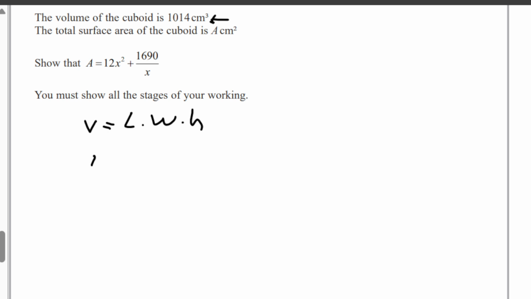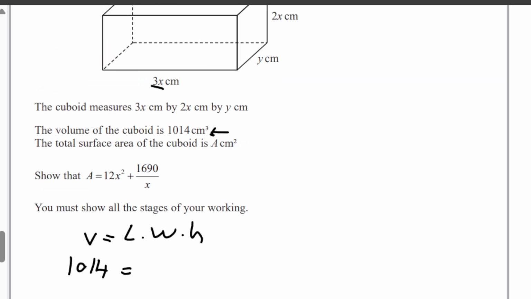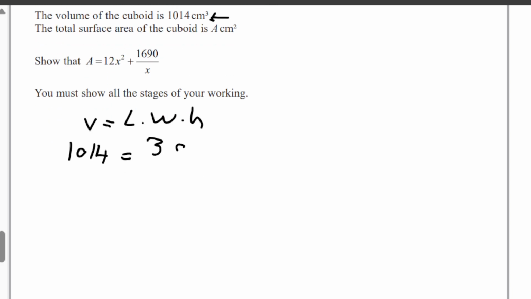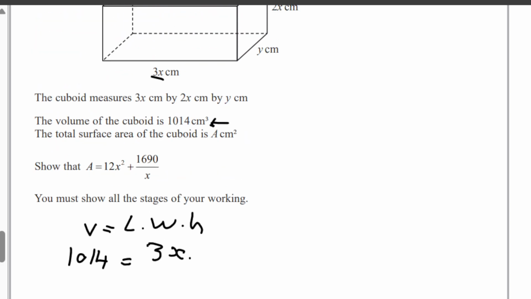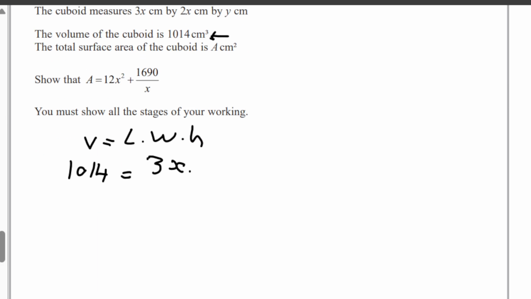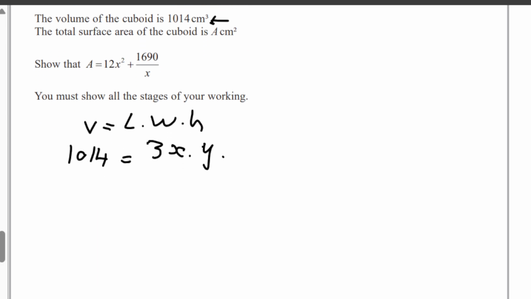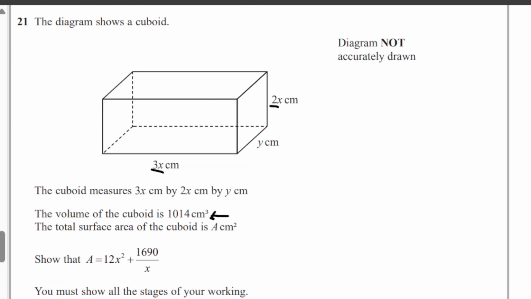So the volume is this 1014. 1014 is equal to the length, which is 3x, times the width, let's say it's y, times the height, which is 2x.